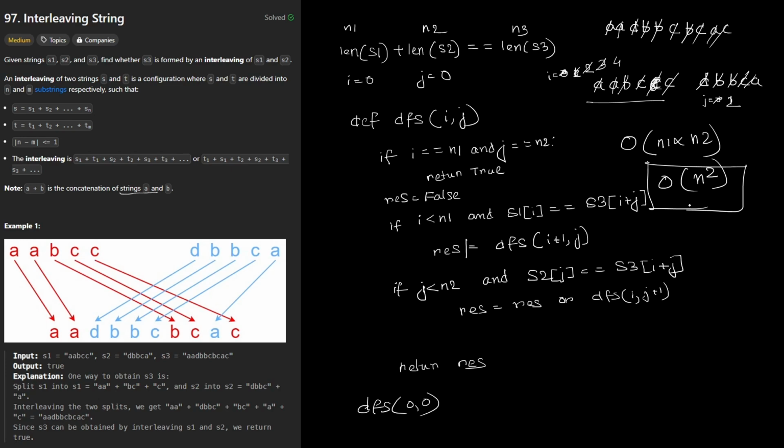Here, one more thing to understand: because it is N square, it will be like a tree-like structure. To improve on this, you have to introduce dynamic programming.